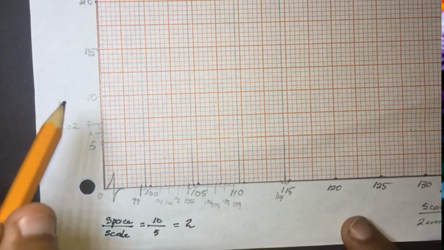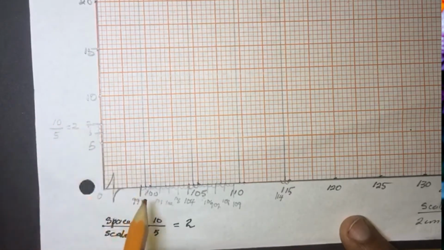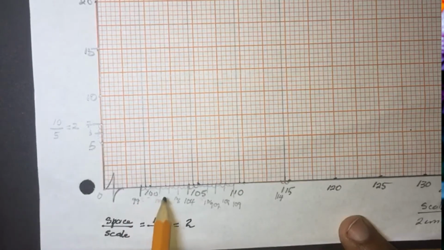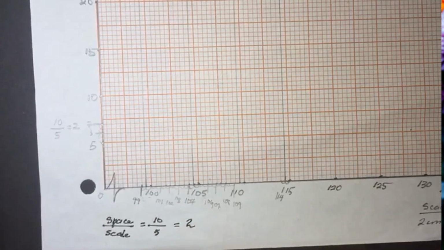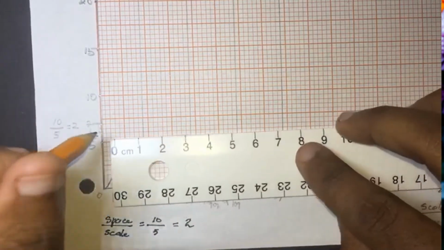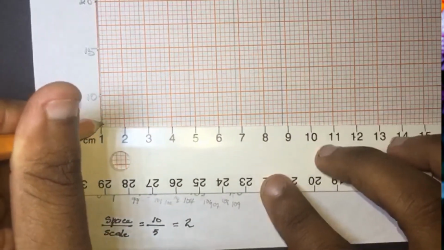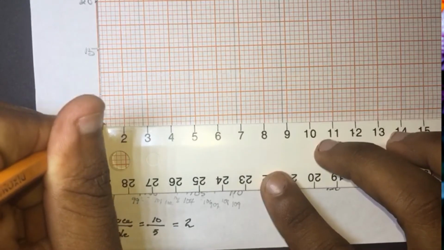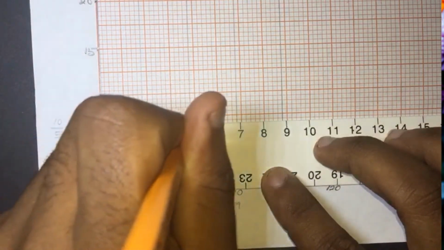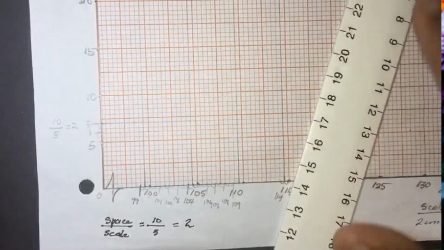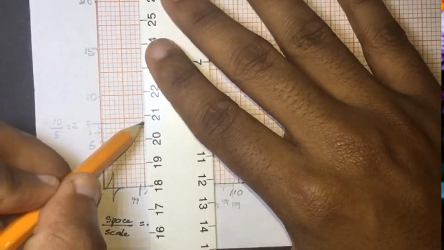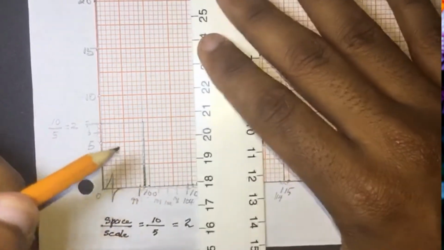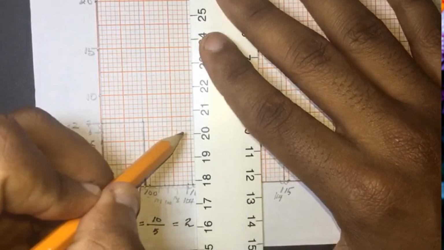So now that I found my 7, and I found my class boundaries 99.5 and 104.5, I will draw a horizontal line from 7 to touch these 2, like so. And I'm going to make it brighter, right? So when you're doing yours, you must make yours brighter too, right?